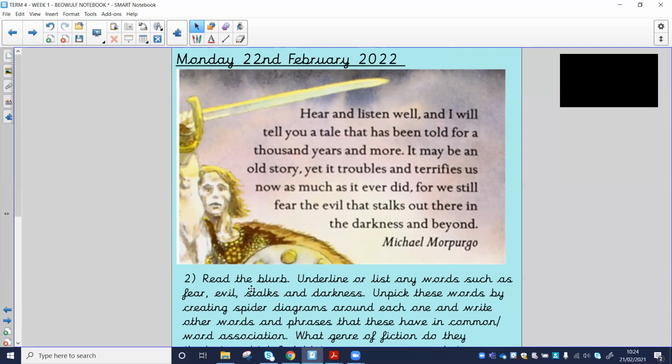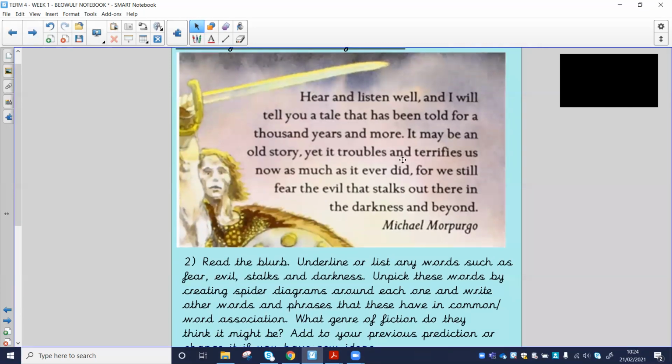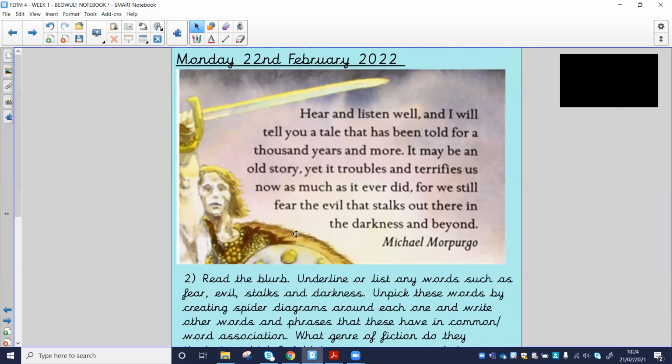What I'd like you to do is read this blurb first, and then underline or list any words. I've given you an example here, such as fear, evil, stalks, darkness. So let's have a little read first, before we carry on.